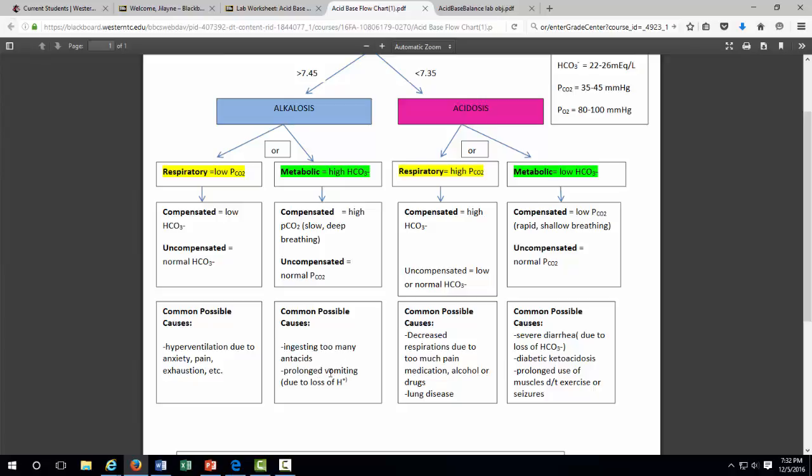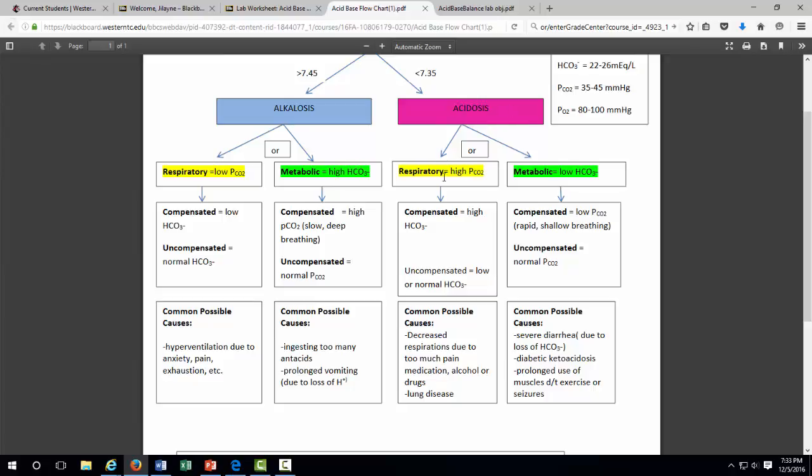And then prolonged vomiting: if I lose hydrogen ion, what happens to pH if hydrogen ion goes down in the system? It goes up, right? So I have alkalosis from prolonged vomiting because I'm losing hydrogen ion. So those are metabolic reasons, right? These are outside the lungs. And the only way I can determine if it's metabolic is I have to see, is this abnormal?